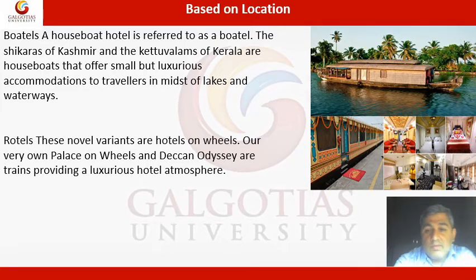These are normal trains, but what they have done is they have modified the carriages, and all the carriages have got a different purpose. Some carriages are transformed into restaurants, some are transformed into rooms. The unique thing about this is that this hotel is a moving hotel, traveling from one place to another on a railway track.